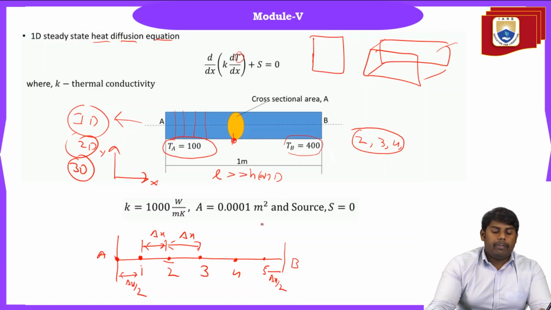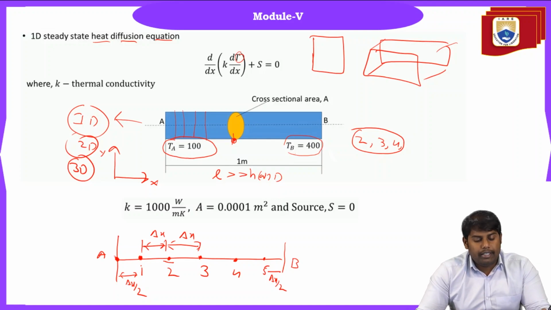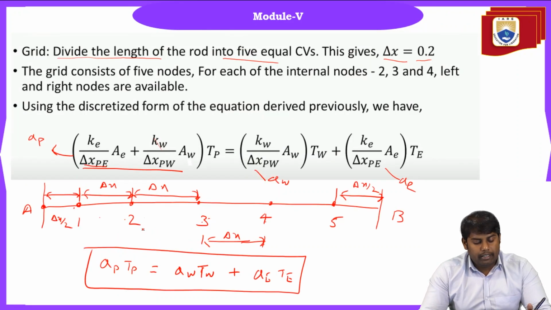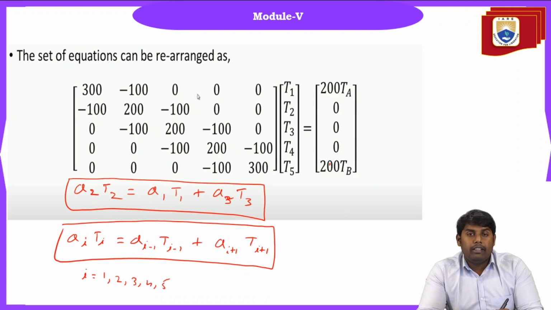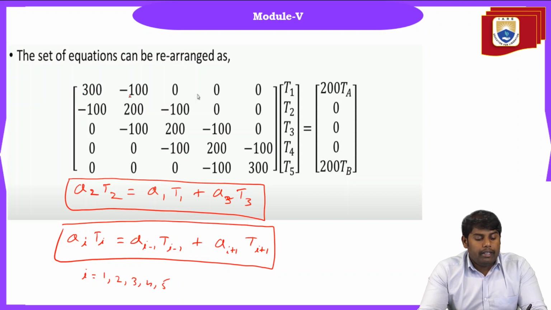When we do some arithmetic calculation, since it is delta x by 2, at the west face, as we have seen, that will be 200 Ta, and 200 Tb. Now you can see 300, 100. Basically these are the coefficients of A.